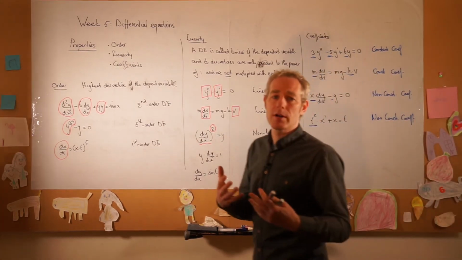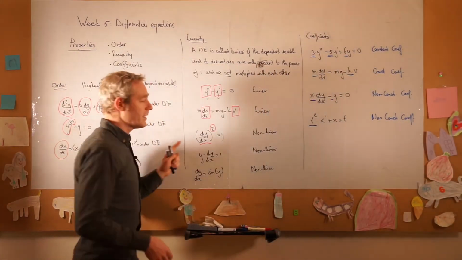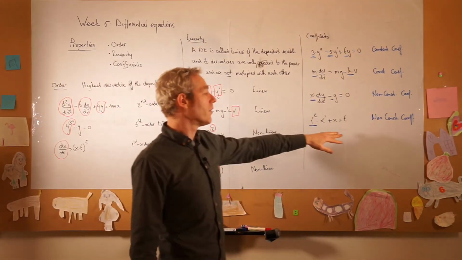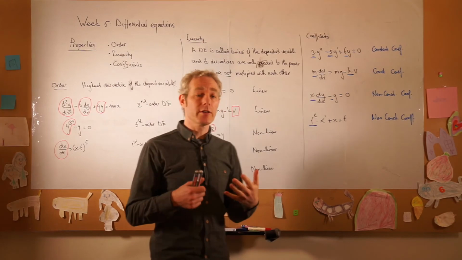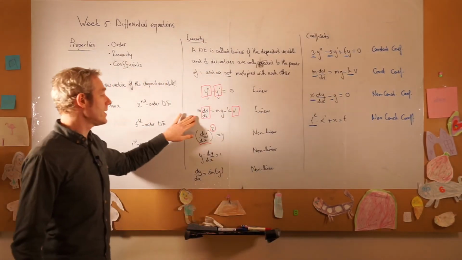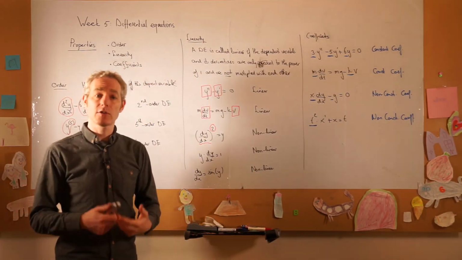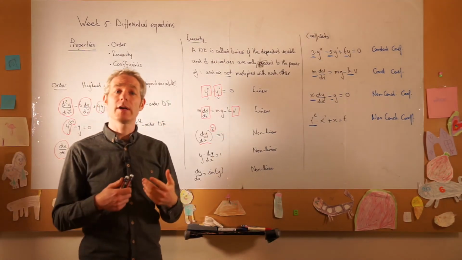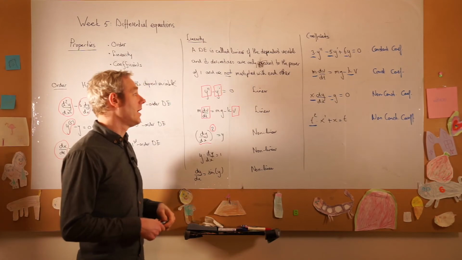Well, why does this matter? We have only spoken about the different types of differential equations, the different orders, if they're linear or not, and if they have constant coefficients or not. It depends on the type of differential equation how we approach it to solve it. So different types of differential equations require different methods to solve them.